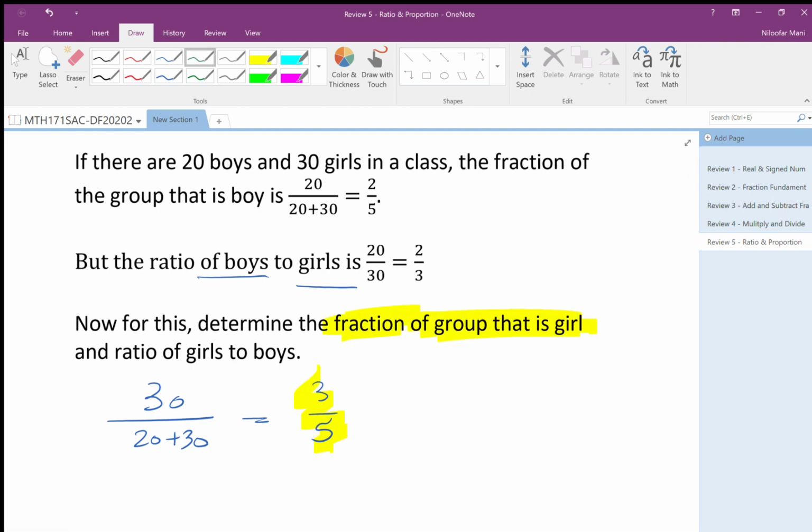Now it says, how about number of girls to boys? How many girls? So this to this. Because it's ratio, I'm comparing. Or I can say this way, which is this to this. Or I can say this way.